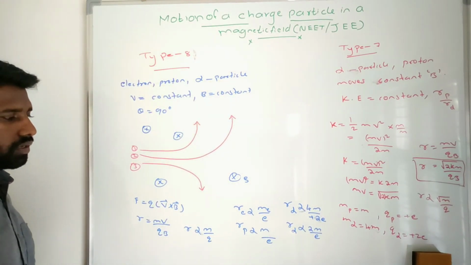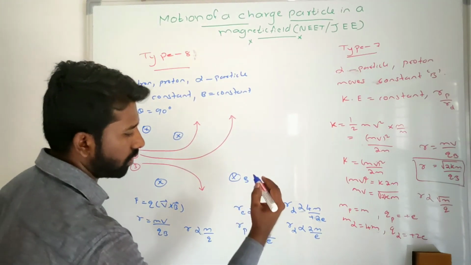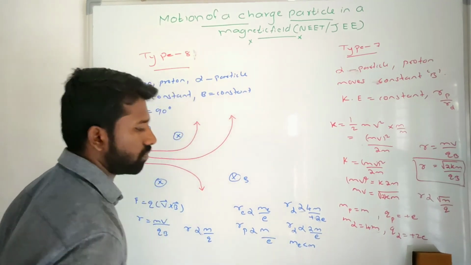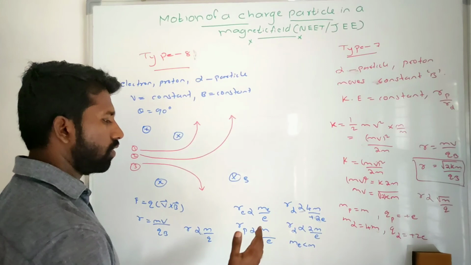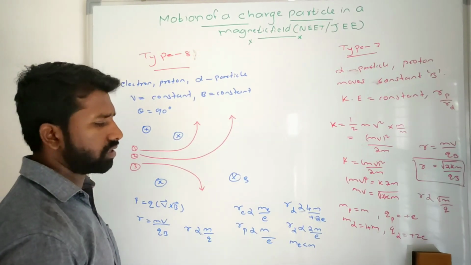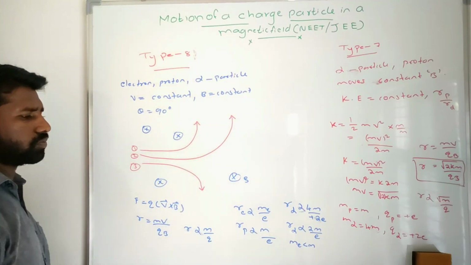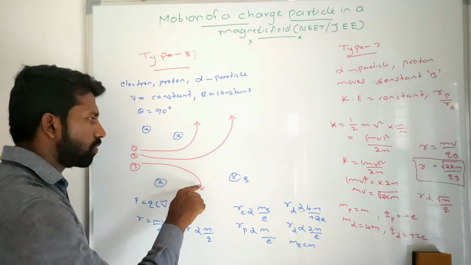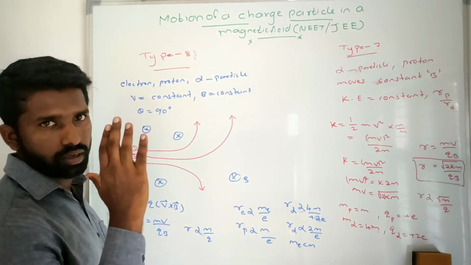Here the mass of the electron is less than m, so me is less than m because the mass of the electron is smaller. So which one has the smallest radius? That should be the electron.